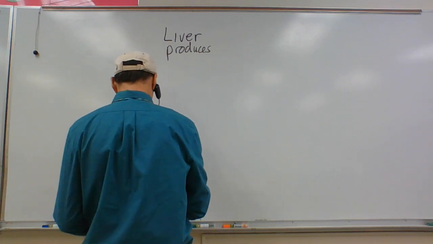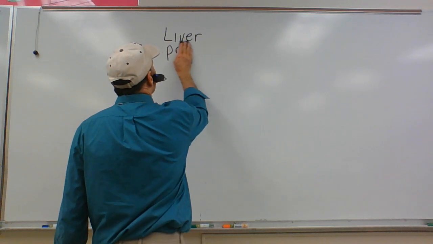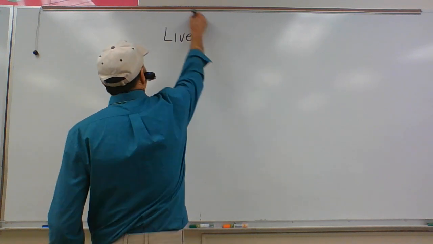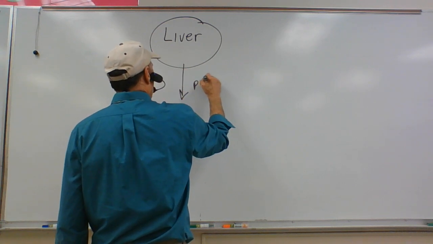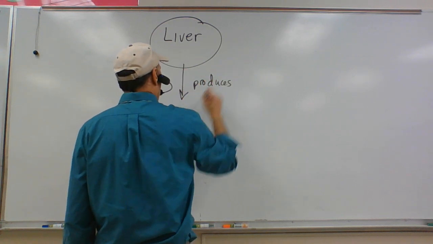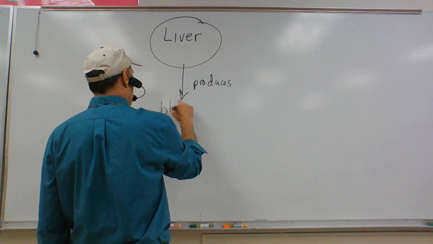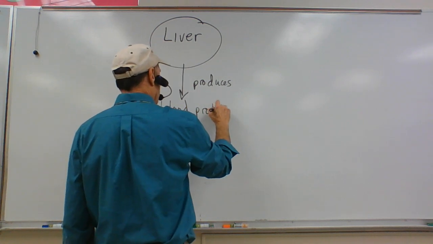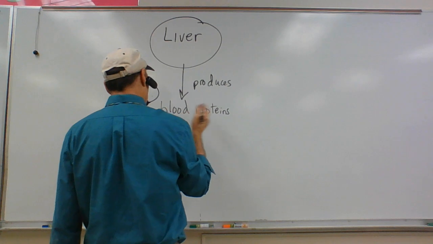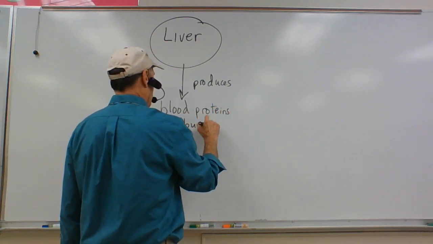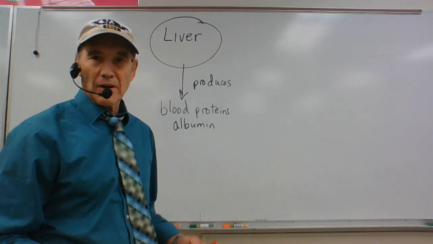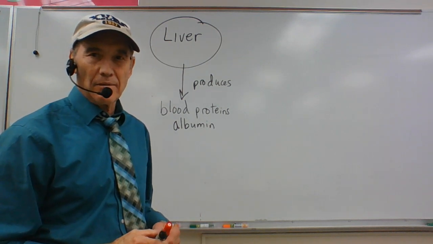Let's see, how can I do this? Liver cells produce blood proteins normally, like alpha and beta globulins and albumin too. And albumin is one of the substances that's on a chem panel.